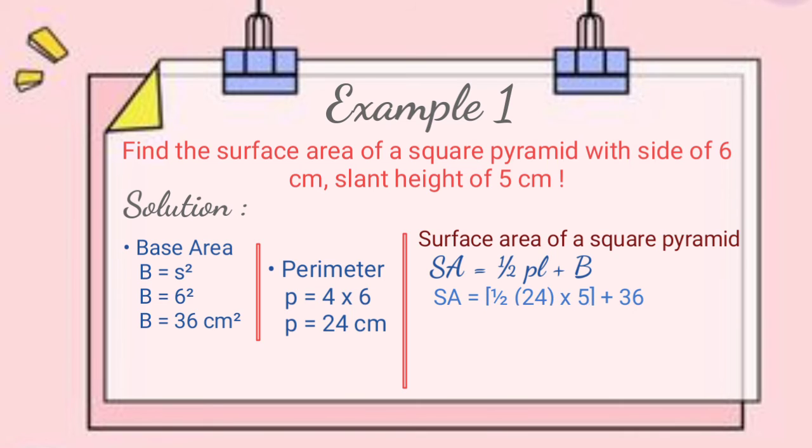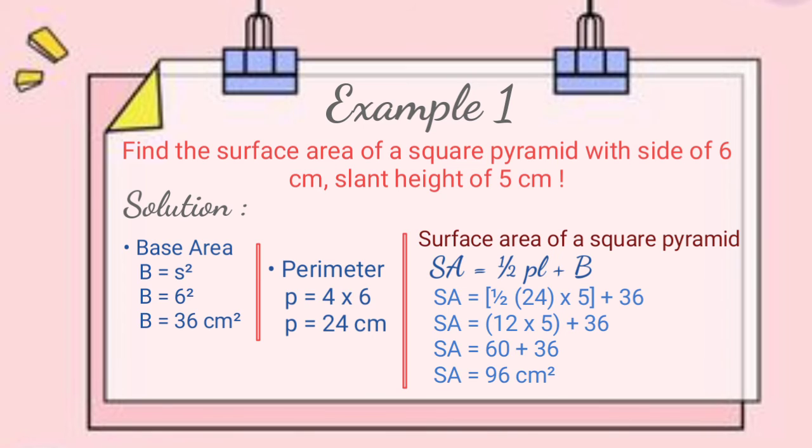We get SA equals [1/2 times 24 times 5] plus 36. We simplify: SA equals 12 times 5 in brackets plus 36. We get SA equals 60 plus 36. So the surface area of the square pyramid is 96 square centimeters.